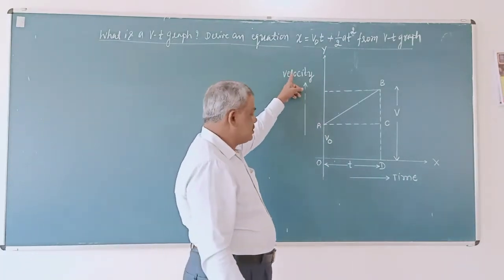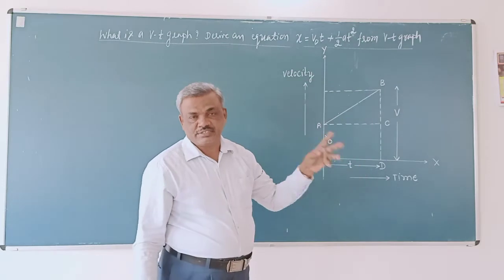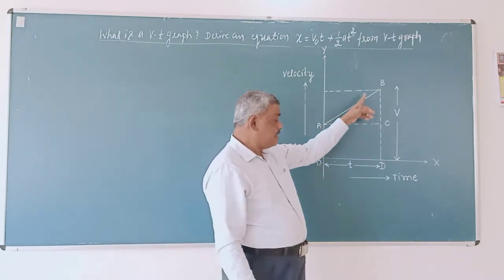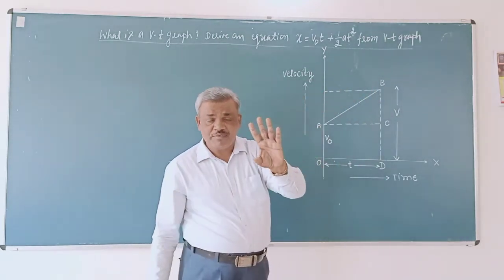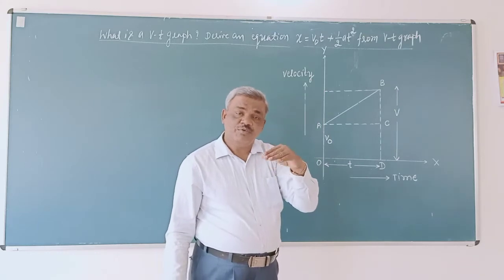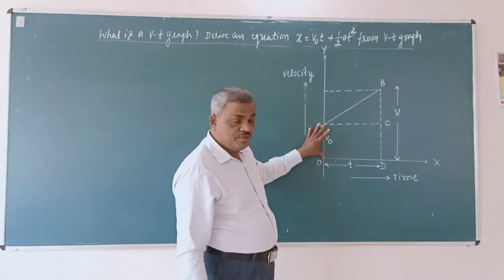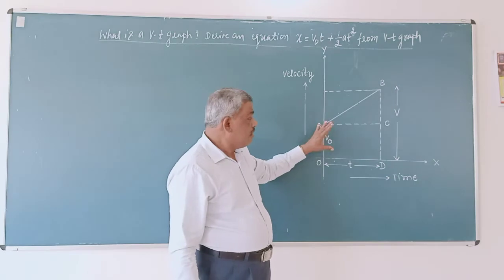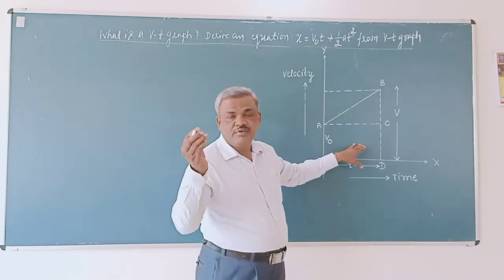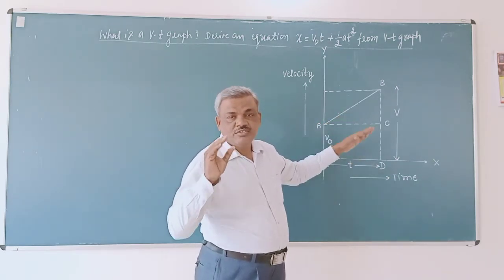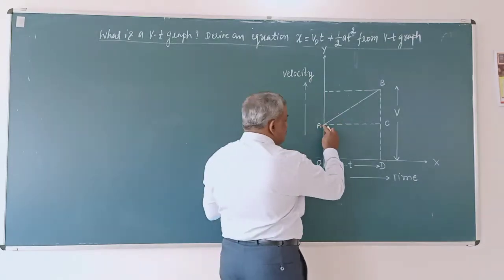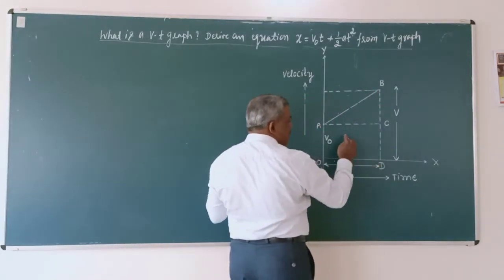Students, how to draw the diagram? First take velocity along the y-axis and time along the x-axis. Now you get the straight line AB. This graph indicates a body moving with uniform acceleration with some initial velocity. The area under the VT graph represents displacement. What is the shape of the area? It becomes a trapezium.